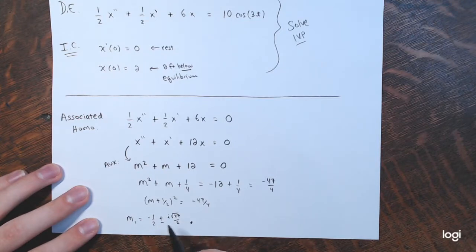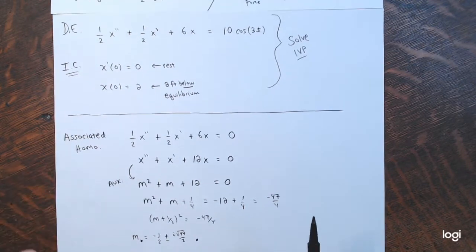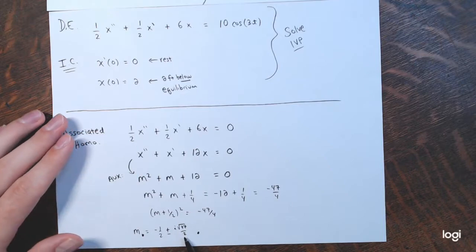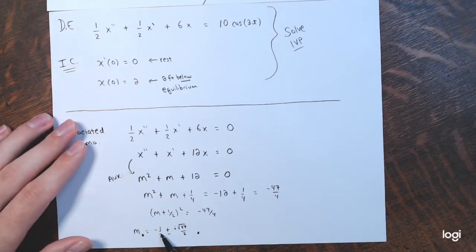So my roots are complex conjugates. m1 is negative 1/2 plus the square root of 47 over 2 times i. m2 is negative 1/2 minus the square root of 47 over 2 times i.